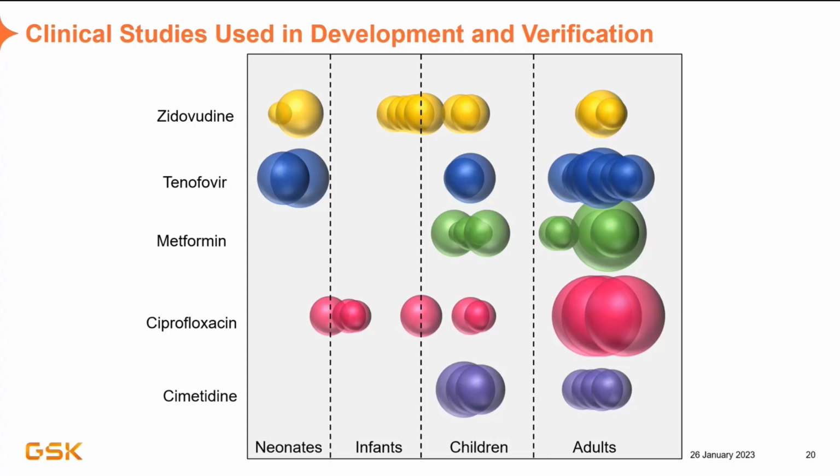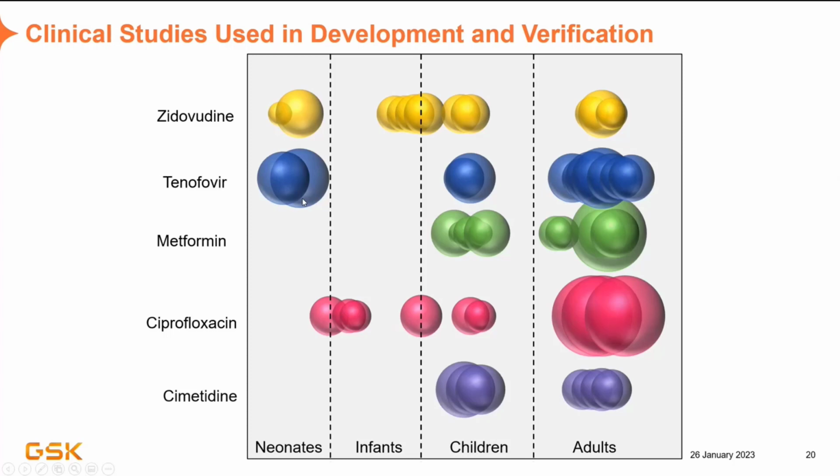So for the adults, there is a comprehensive data set that we used. Some of these were already compounds that were verified in the simulator, and we looked at them again in Mech. For something like ciprofloxacin, Mech was developed. We had more data available in children, and some of the studies were using a larger age range, for example, 1 to 13, and that's why we are crossing between the two sections here, between infant and children.